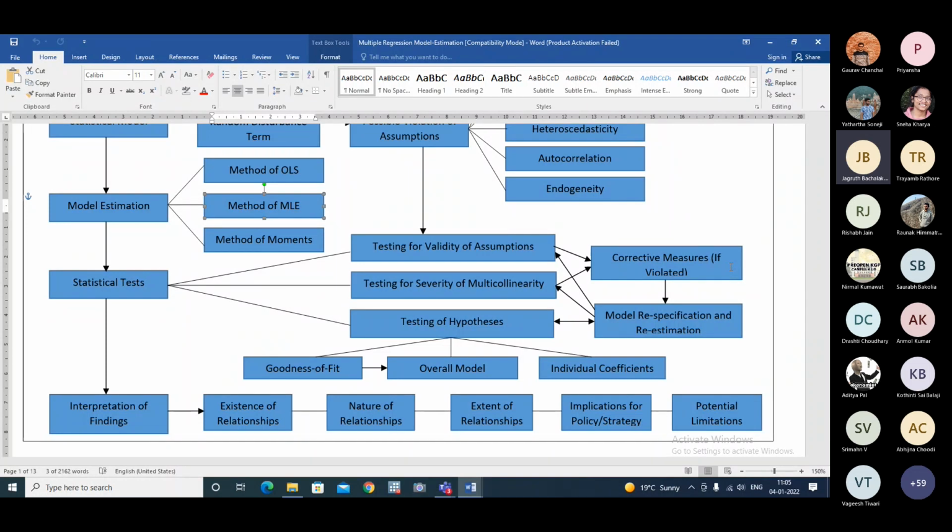So what we basically do, from economic theories we define the mathematical model, then we convert the mathematical model into statistical model. We gather data, measure the variables, estimate the model, then we test for validity of the assumptions.